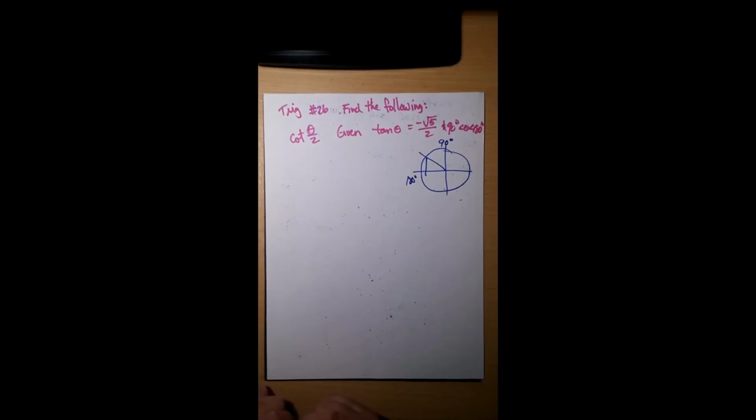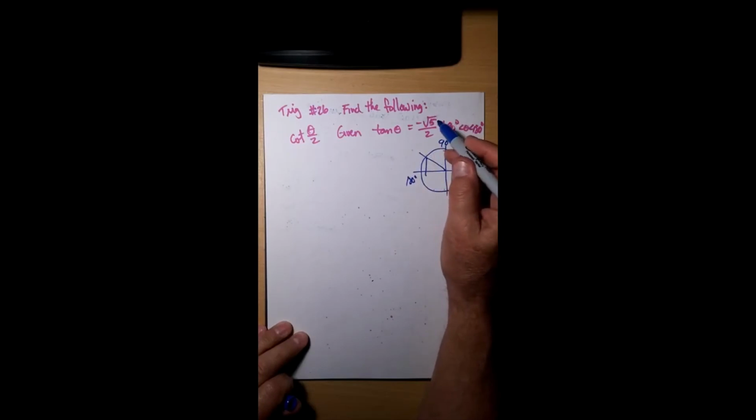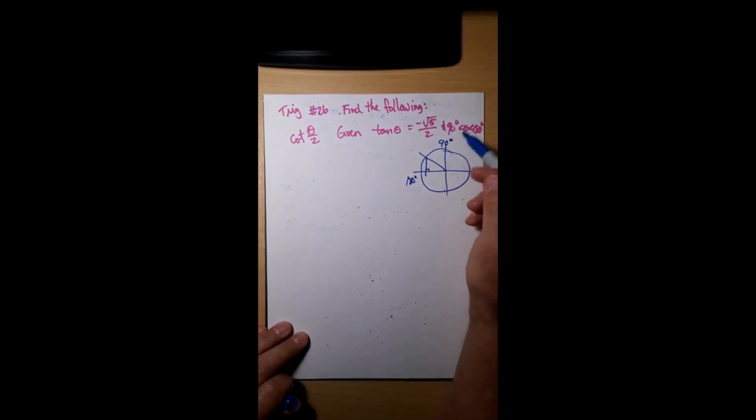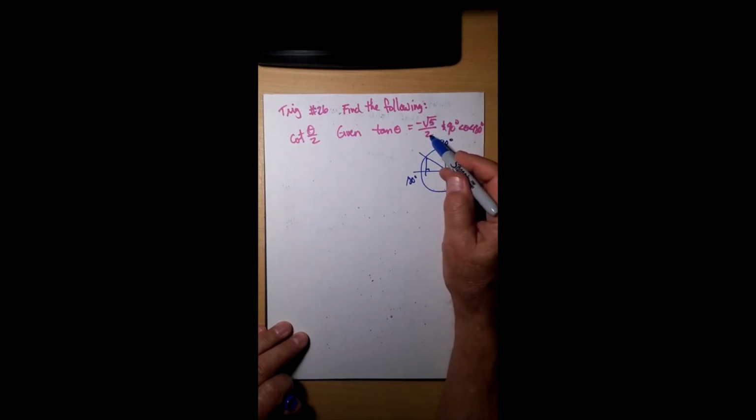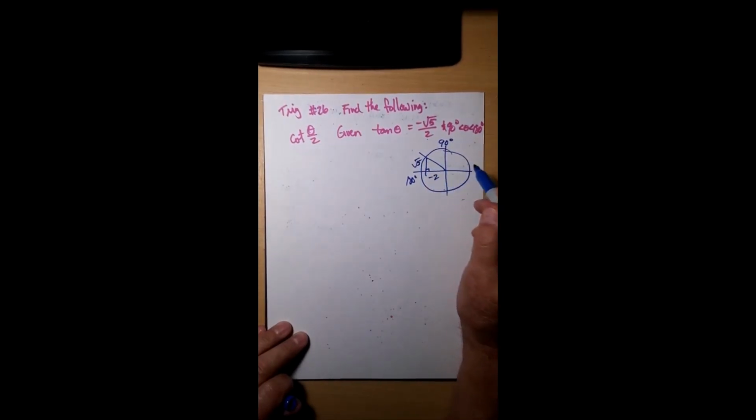Now, if the tangent of theta is negative square root of 5 over 2, how do we label this right triangle? Well, this is opposite over hypotenuse. I'm sorry, opposite over adjacent. But the opposite is not negative, that's positive. So this is the square root of 5, but the negative is in the denominator, negative 2.